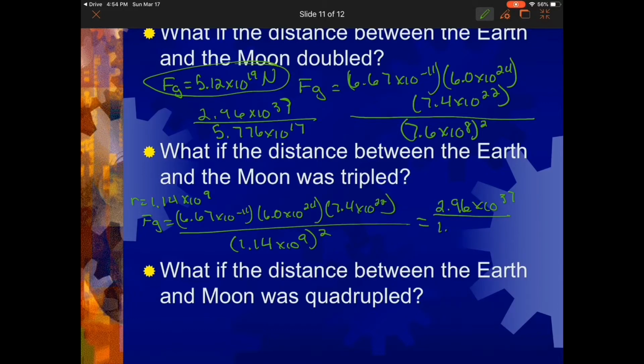And you should get 1.30 times 10 to the 18th with some rounding. And plug those two numbers into your calculator. You should get an answer of Fg equals 2.28 times 10 to the 19th newtons.